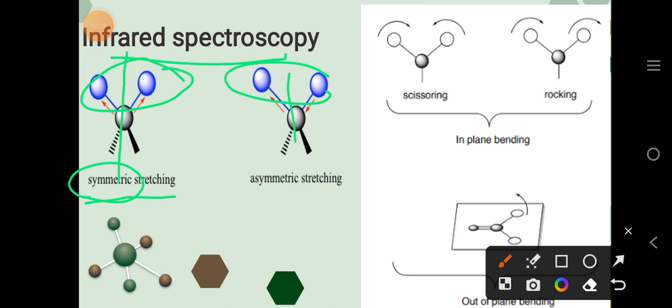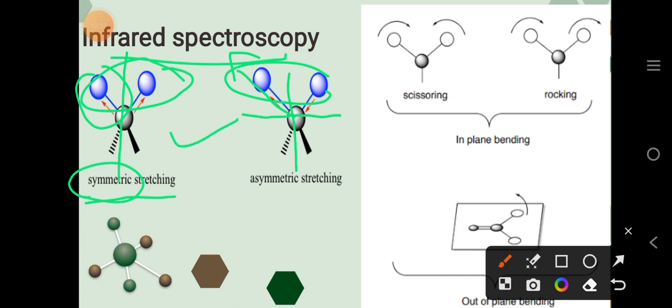But if we cut here, it will not divide into equal halves. This is stretching, like it becomes this. First it was here, now it goes a little bit more. So here the bond is increased.